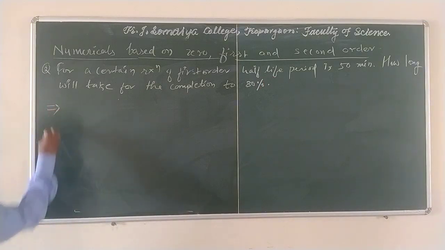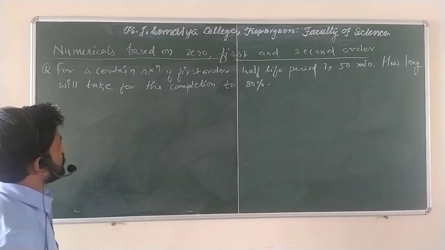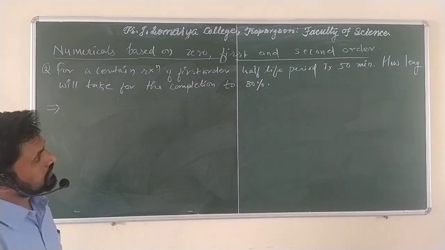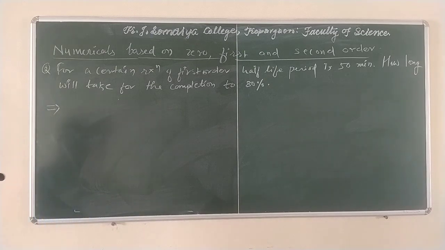This is the question. What we have to do is solve this problem. For a certain reaction of first order, half-life period is 50 minutes. How long will it take for the completion to 80%?